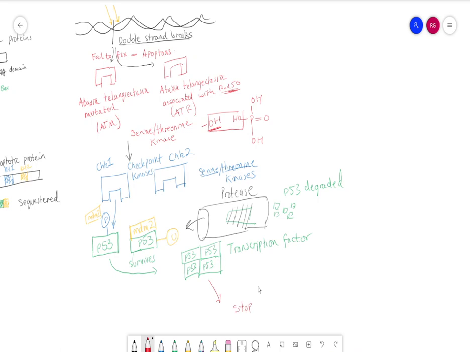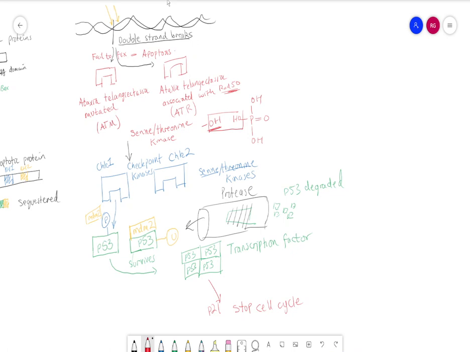So if our DNA is damaged, we don't want to divide, we don't want to copy that DNA because that can cause massive mutations, translocations, if this gets rejoined somewhere else during cell division. So we want to stop the cell cycle, and p21 is going to be the protein it transcribes. It's another transcription factor that causes cell cycle to stop.